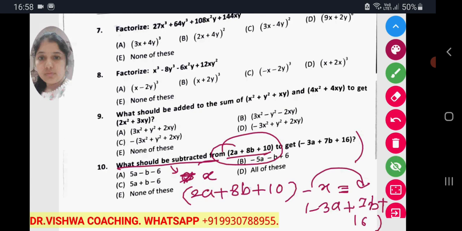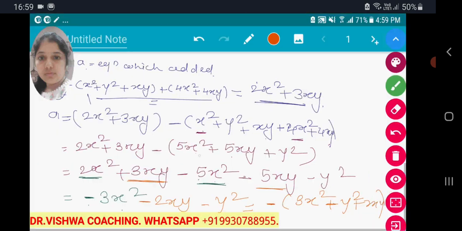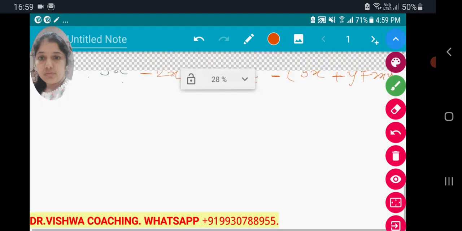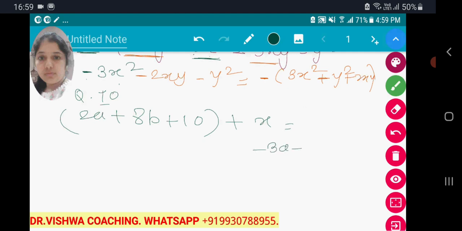Now you just bring this x to the right side of the equal to sign and this equation to the left side, so you can solve the problem. Here you have to change the sign of all the terms. I will show you. Okay, now see what is given to you is 2a plus 8b plus 10 is one equation, and we have to subtract one equation from it to get the answer as minus 3a plus 7b plus 16.